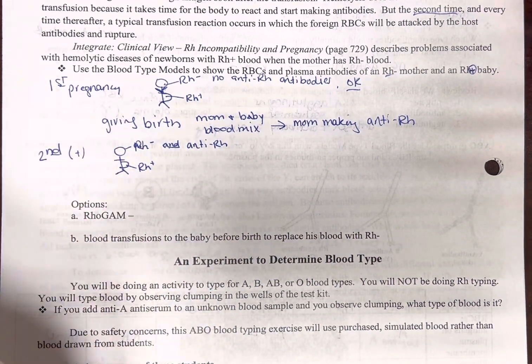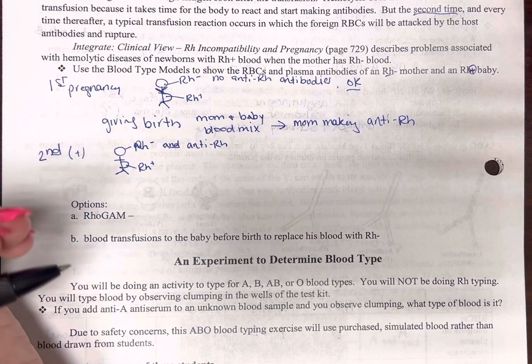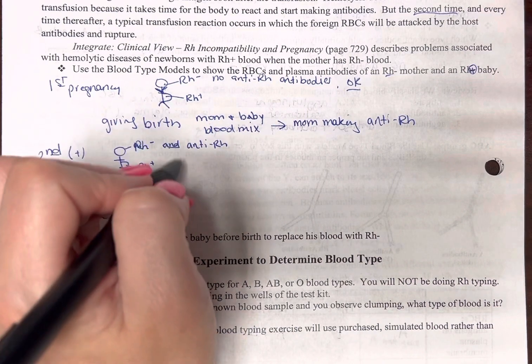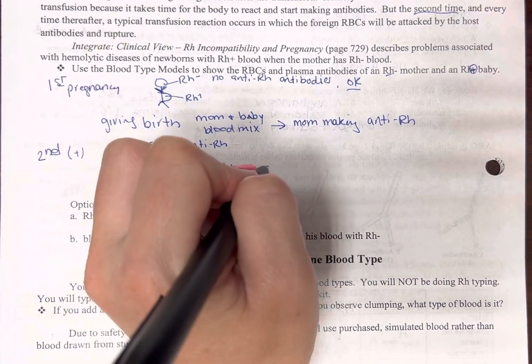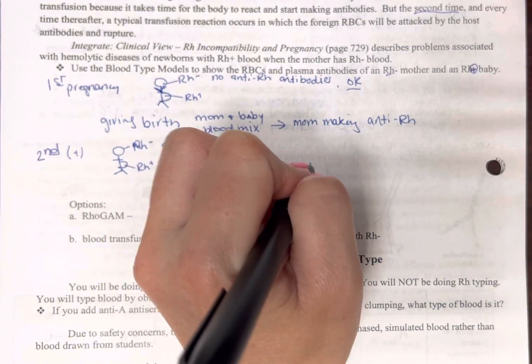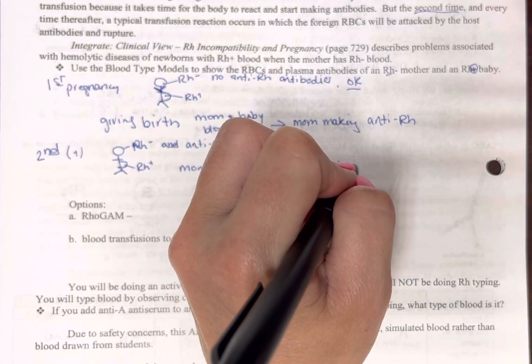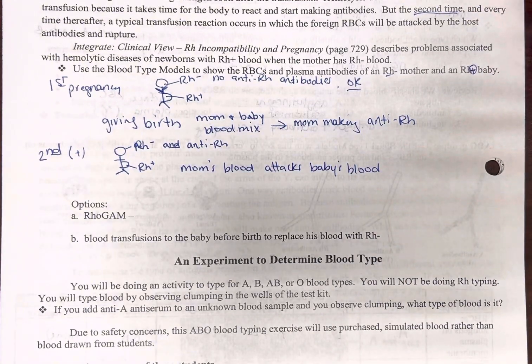So even in the little bit of blood that's mixing in the placenta and everything, mom's blood attacks the baby's blood. And at best, this is going to result in a fetal hypoxia. Baby's not going to have a lot of blood. They're probably going to need a transfusion.